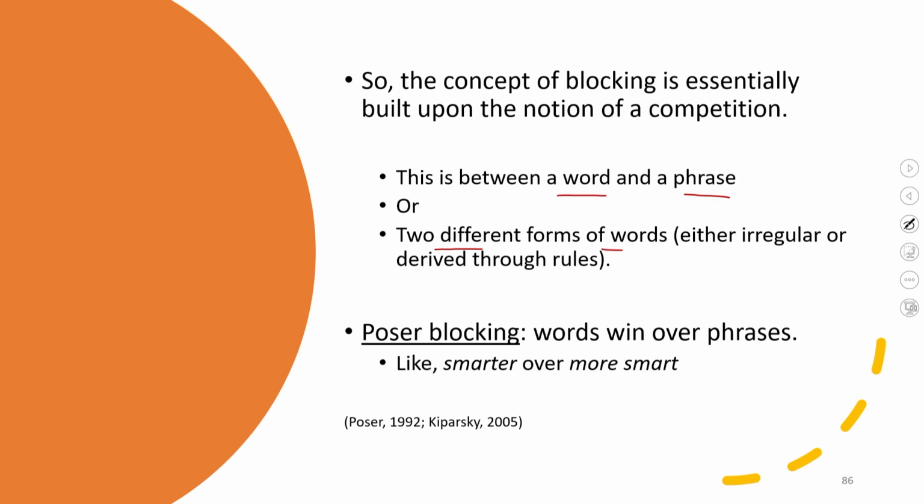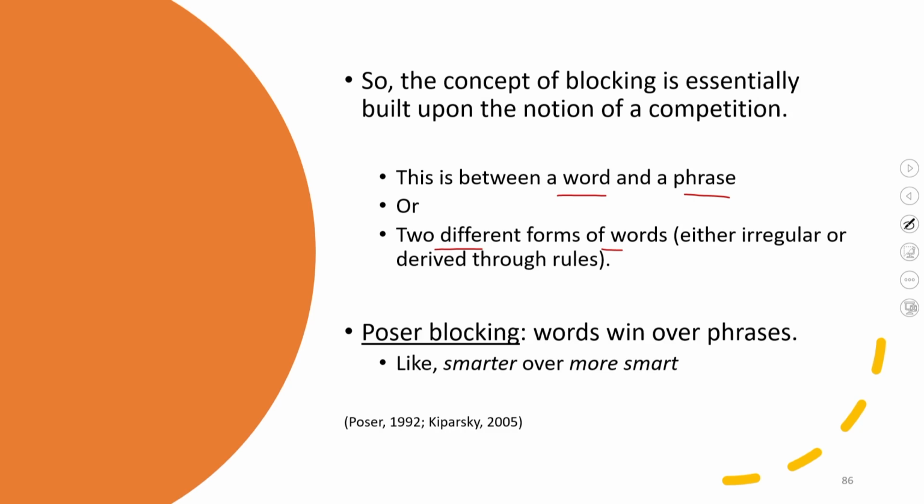Similarly, you have smarter versus more smart. So, these are the two different kinds. There is an underlying notion of competition between two possible entities, because of which one entity blocks the other, and thereby we have smarter more often as opposed to more smart.